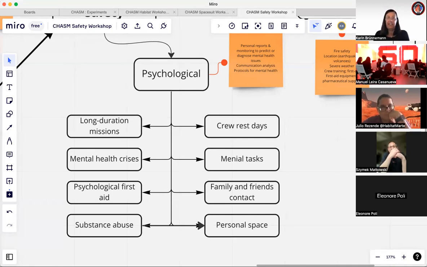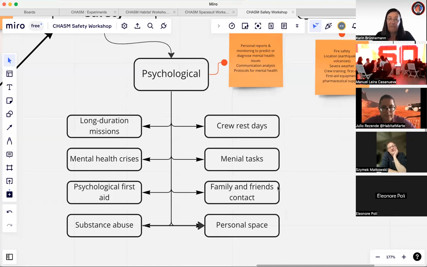Yes, there is actually a group that has been formed a couple of weeks ago who will do exactly that. They will set standards for analog missions. And of course, there are standards for real space missions, and analog missions should be as realistic as possible. So they should also include that aspect.